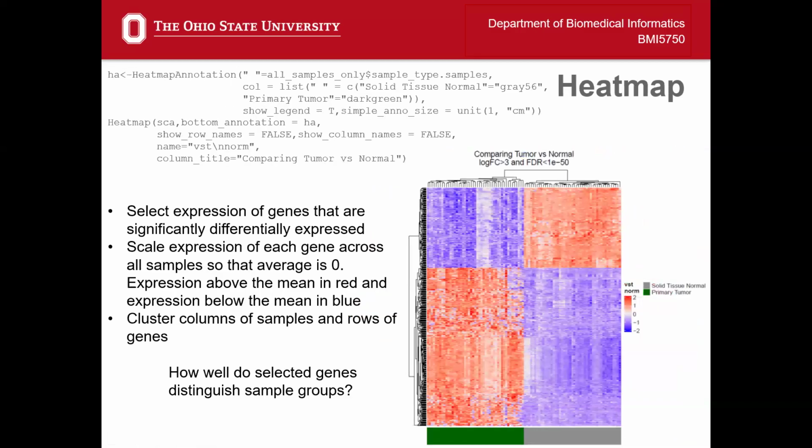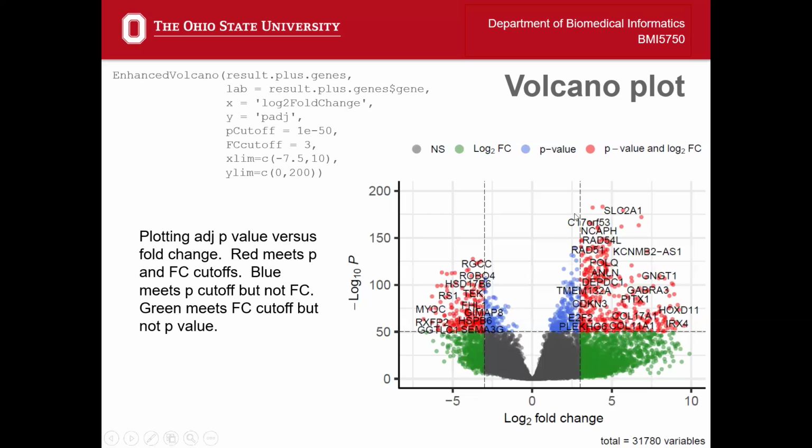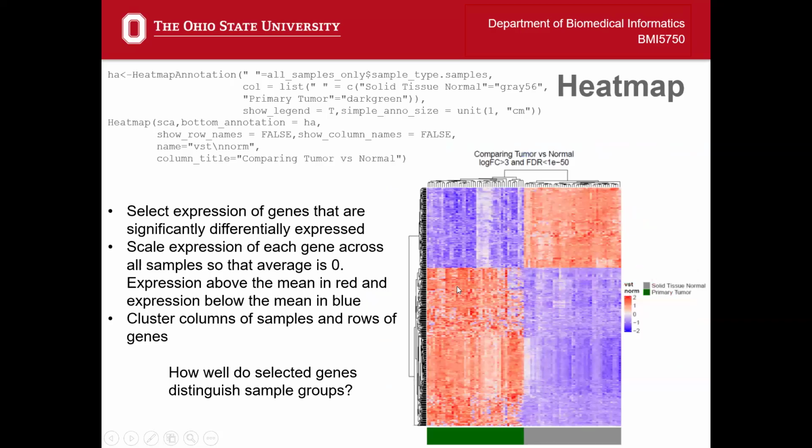We can also pull out our most interesting genes, so maybe all of these red genes, and plot them on a heat map. For heat maps, I like to use a package called ComplexHeatmap. We take the expression of these genes, the normalized expression, and we scale that normalized expression.